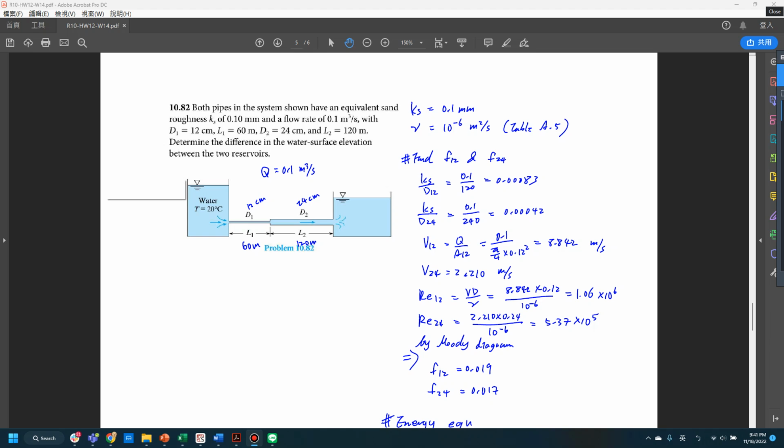And we want to determine the difference in the water surface elevation between these two reservoirs.